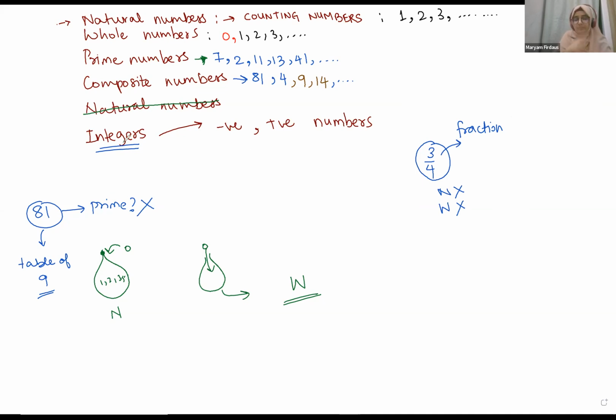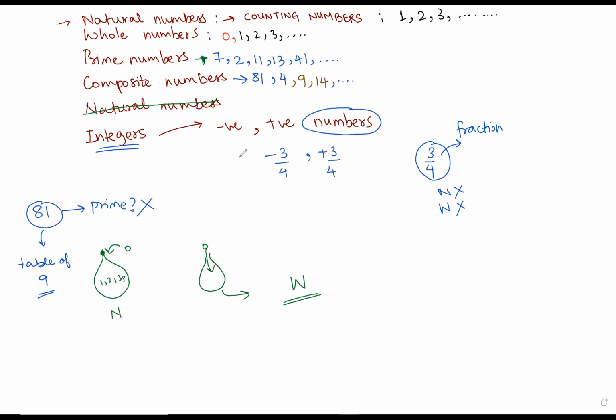Now, the definition of integers that you gave was negative and positive numbers. So can I say that negative 3 by 4 and positive 3 by 4 are integers because they are numbers? You said they are numbers, right? So are they integers? No, they're not. That's right.